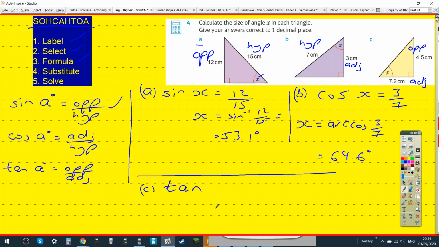So it would be tan x equals 4.5 over 7.2. And then you would have to do x equals arc tangent 4.5 over 7.2. That's it.